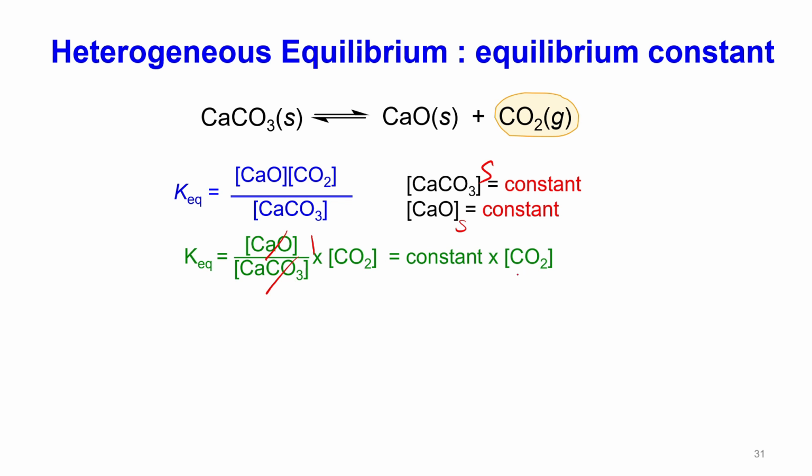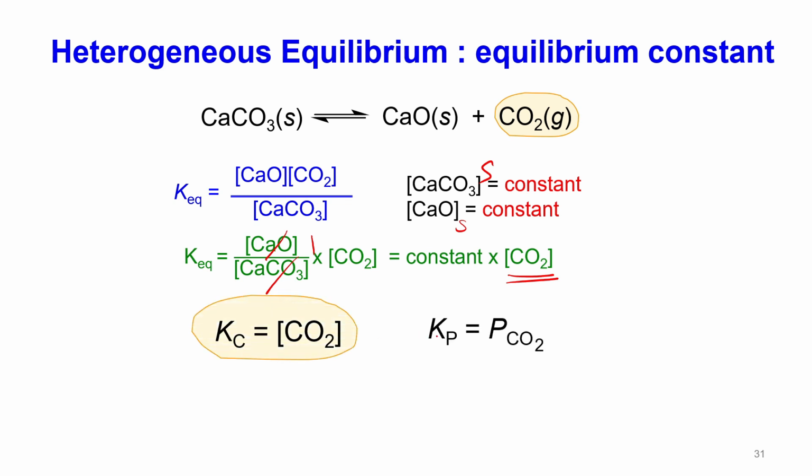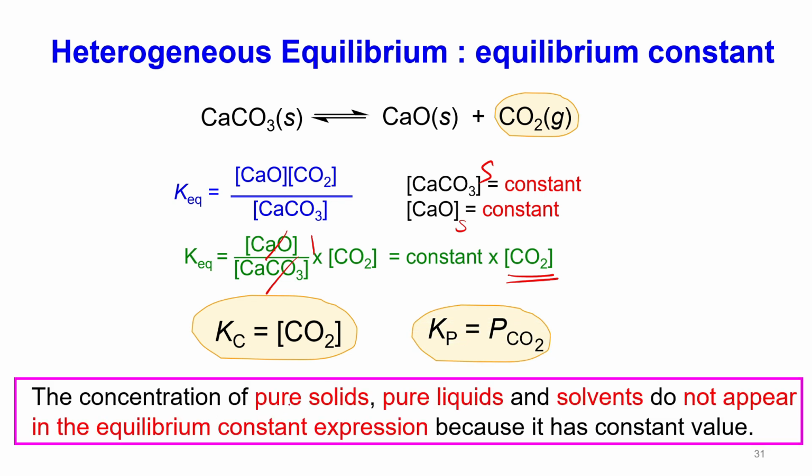Jadi dia bersama dengan CO2 sahaja. Jadi Kc sama dengan concentration CO2, then this one is partial pressure CO2 only. So the concentration of pure solid, pure liquid and solvent do not appear in the equilibrium constant expression because it has a constant value.